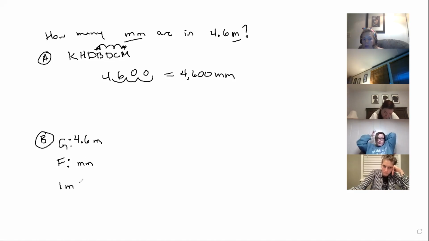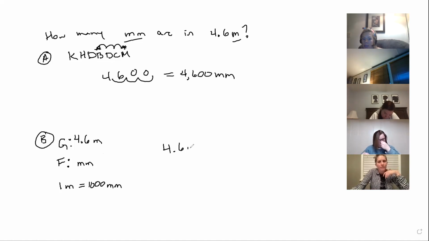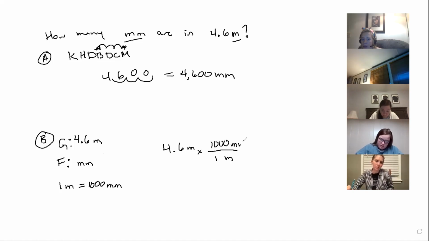Well, 1 meter is equivalent to 1,000 millimeters. That is the definition of a millimeter and a meter. I set it up, start with my given 4.6 meters times my relationship here. I want to put the meter on the bottom and I want to put the 1,000 millimeters on the top. What happens to the meters? They cancel and I'll be left with the unit of millimeters.